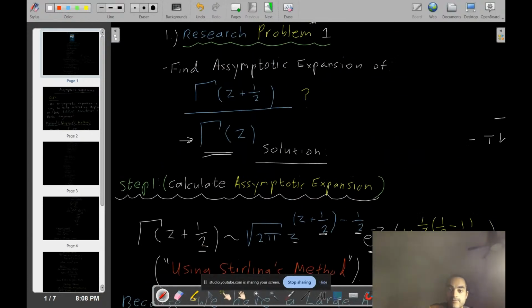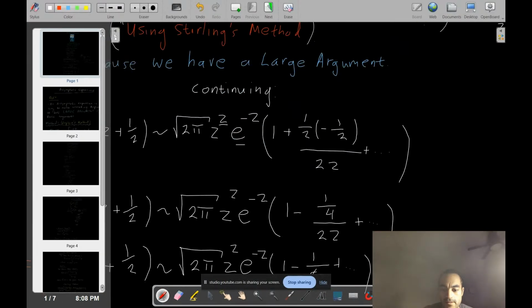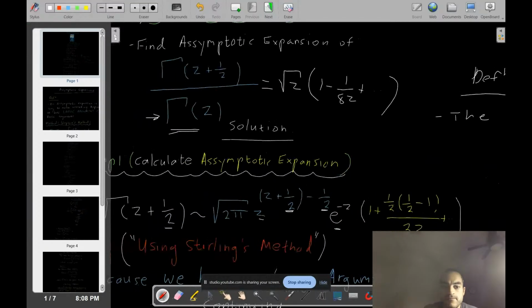So in reality, this comes down to being root z, parentheses, 1 minus 1 over 8z plus dot, dot, dot. Using Stirling's approximation, that will be the answer.